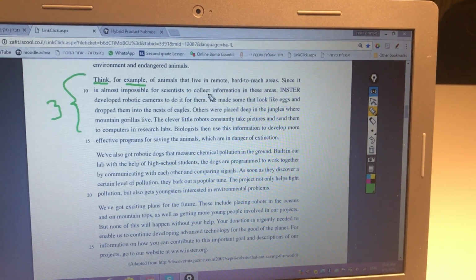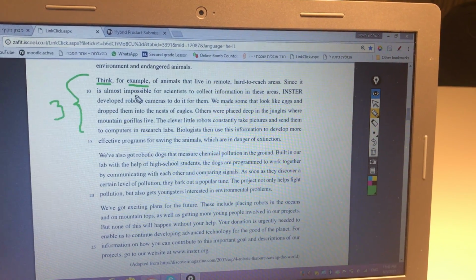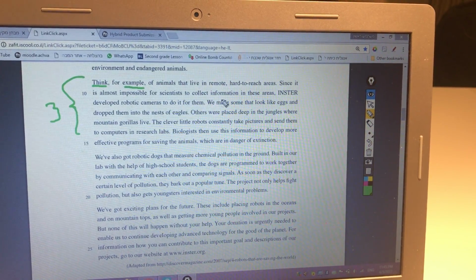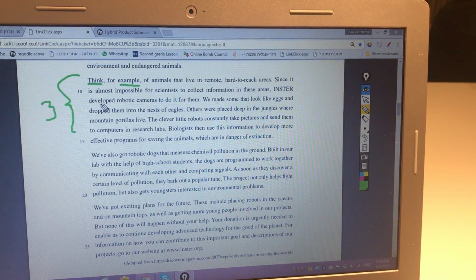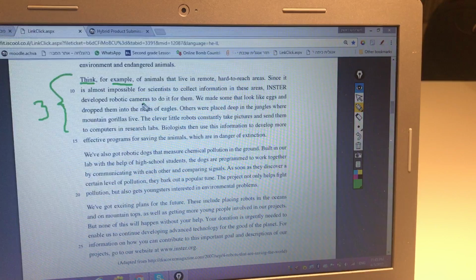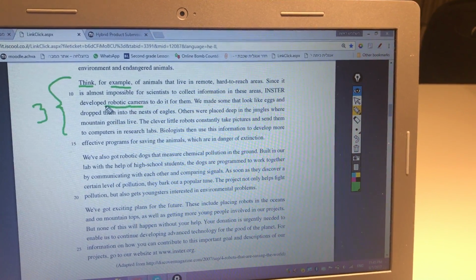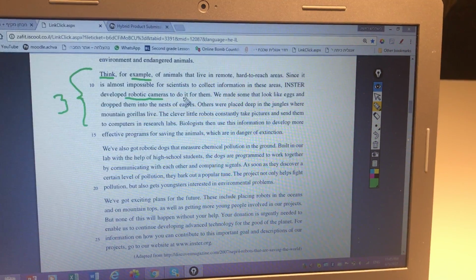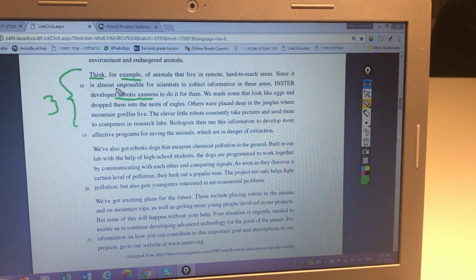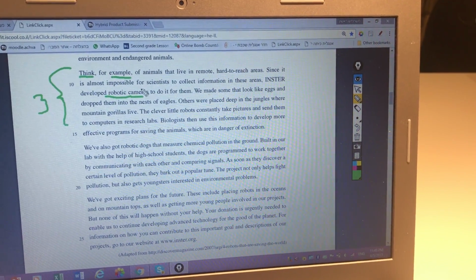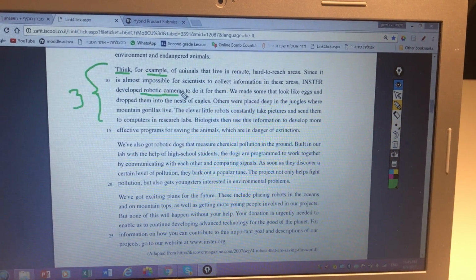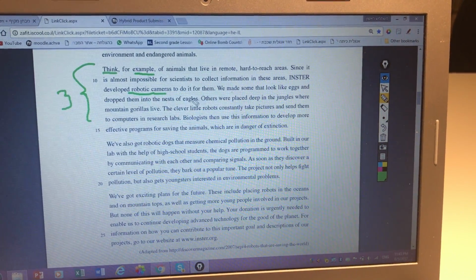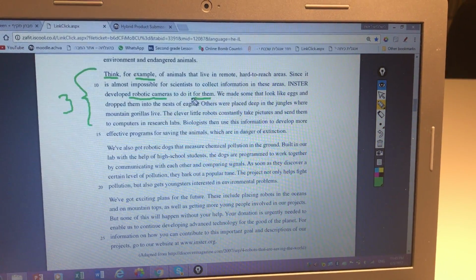Since it is almost impossible for scientists to collect information in those areas, Inster developed robotic cameras. So here we are talking about robotic cameras to do it for them. If it is difficult to get into certain areas, we understand that the robotic cameras will go in and do it for them.